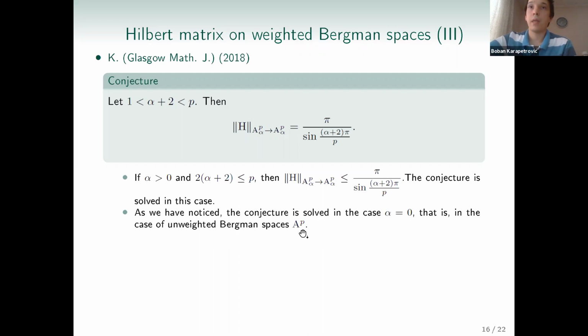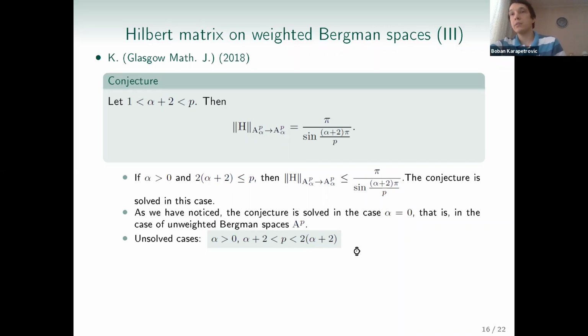After this, we have two unsolved cases: when alpha is greater than 0 and p is between alpha plus 2 and 2 times (alpha plus 2), in the remaining interval. And probably a much harder case when alpha is negative, in the whole range when p is greater than alpha plus 2.